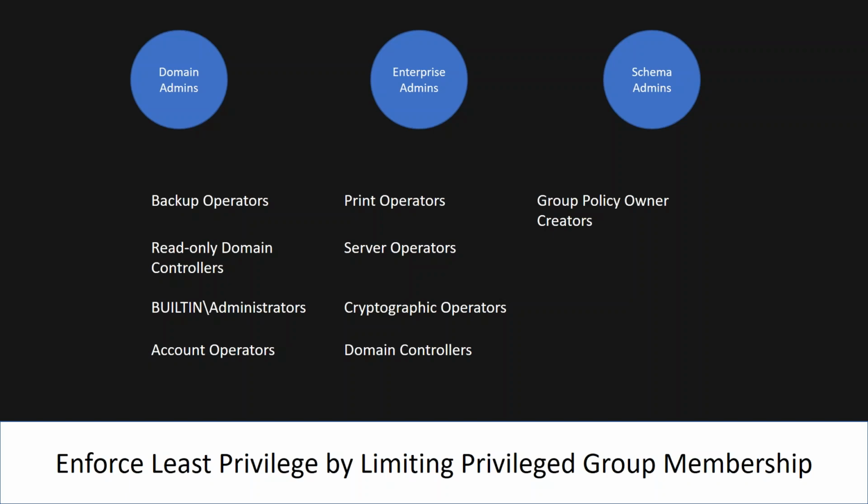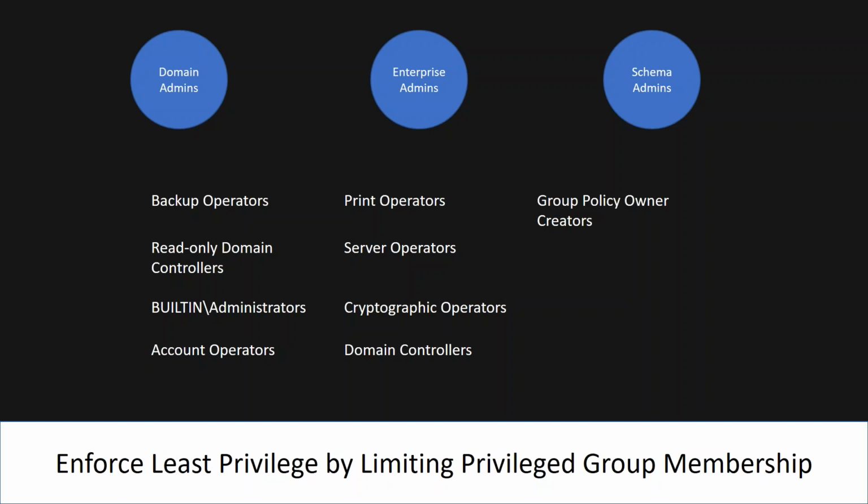And again, most of the time, these should not be populated with user accounts. So I'm just going to pick out one there. So if you have a look at print operators, for instance, you might have people in this group because you use it for giving access to administer servers, because this is a domain group.